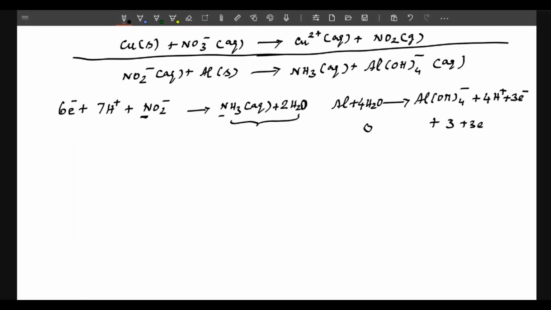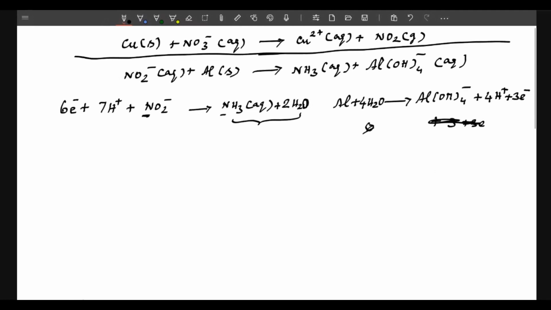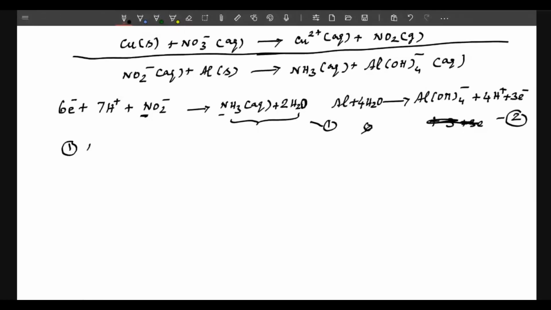Now take reactions 1 and 2 to find the net reaction. The electrons on the reactant side should be totally consumed. In the first reaction, 6 electrons are there. In the second, 3 electrons are present on the product side. Therefore, equation 1 is not necessary to multiply.